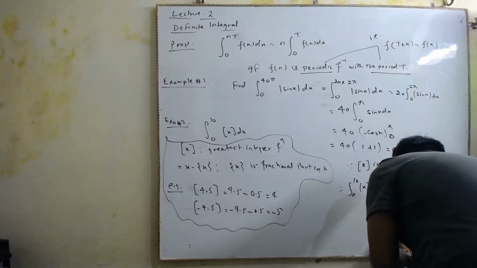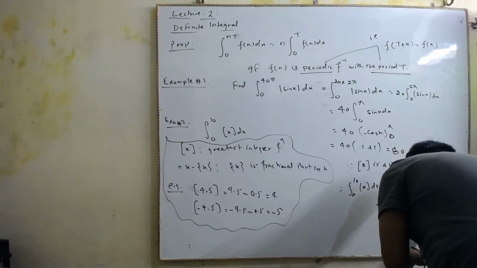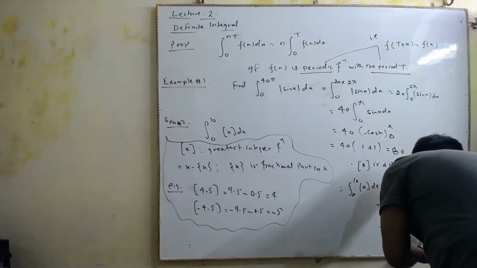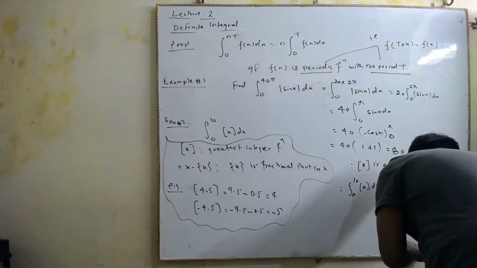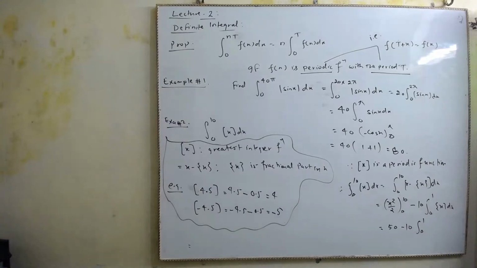So that will become 50 minus 10 into the integral from 0 to 1. Let me connect the battery, please. Sorry.